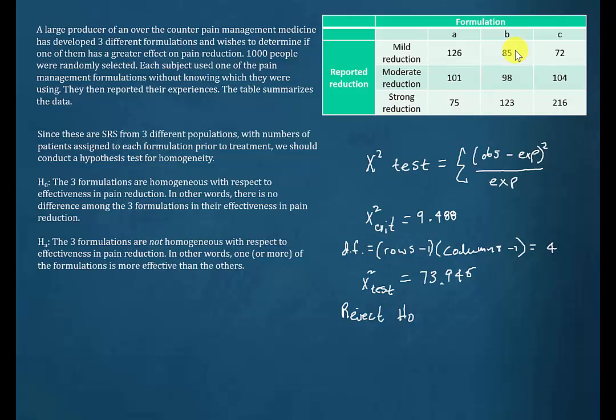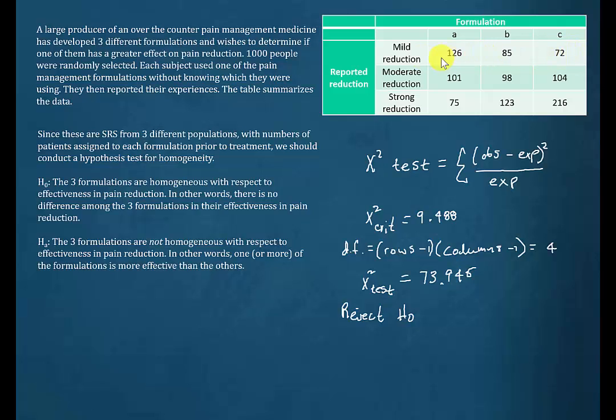Formulation B has the opposite effect. We start with 85 mild reduction, and then that increases to 98 when we get to the moderate reduction, and 123 responded a strong reduction for formulation B. And then formulation C has an even more extreme variation.